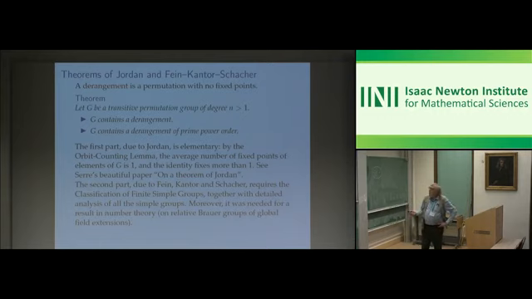Now you compare that to the simple argument for Jordan's theorem. So I think this is an interesting challenge that I would like to see the answer to. Is there a more elementary proof of the Fein-Kantor-Schacher theorem? There is actually more to it.